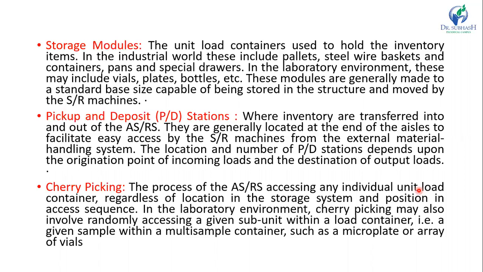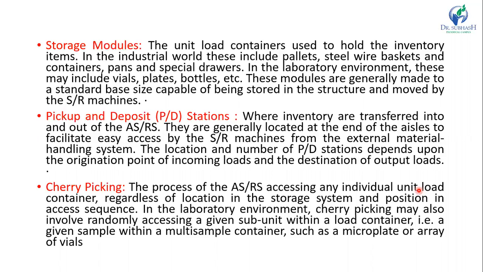Then pickup and deposit station, that is the PD station, where the inventory is transferred into and out of the ASRS. They are generally located at the end of the aisle to facilitate easy access by the SR machines from the external material handling system.